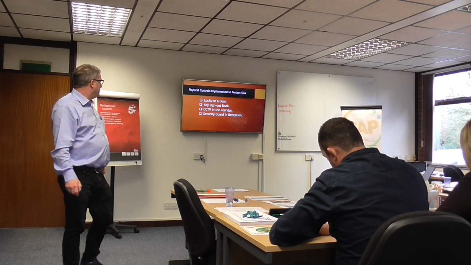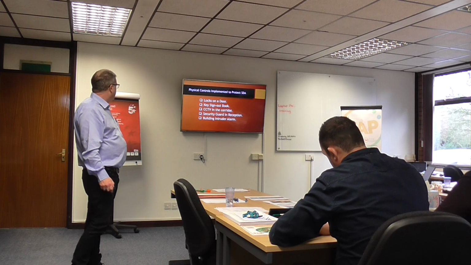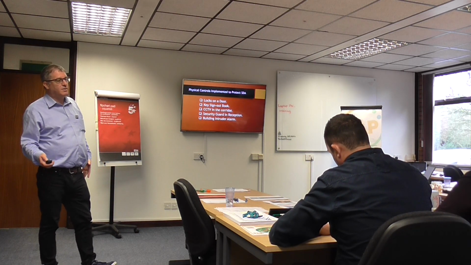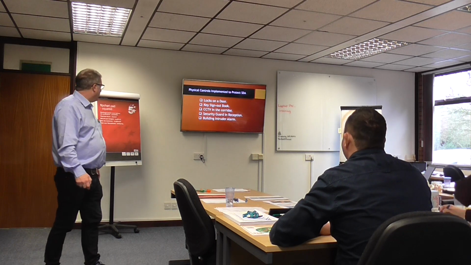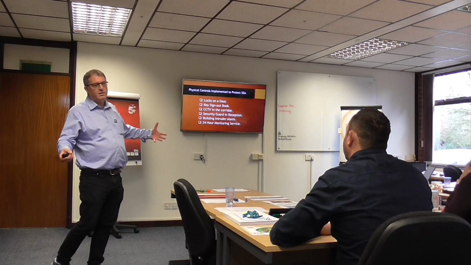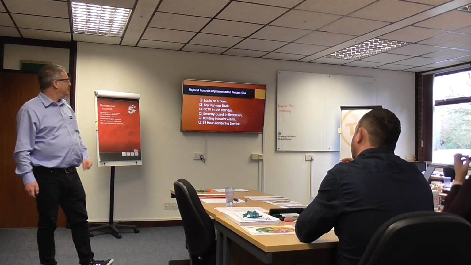A security guard in reception, that's a good physical control. A building intruder alarm, so maybe at night time there's nobody here, somebody tries to break in, you've got an alarm, or some sort of 24-hour monitoring service. You can take this as far as you like; it depends on the value of the asset you're protecting.